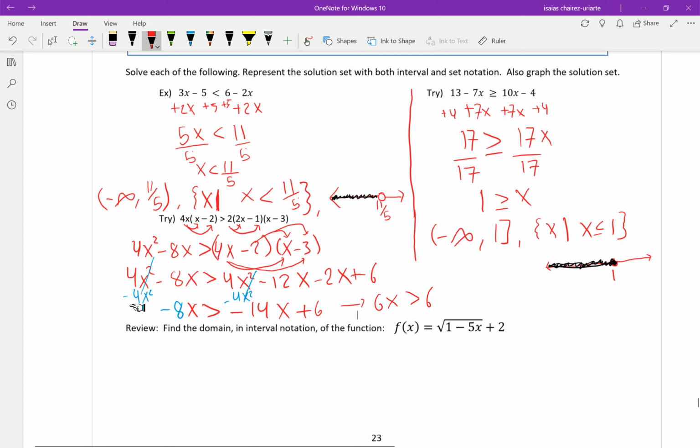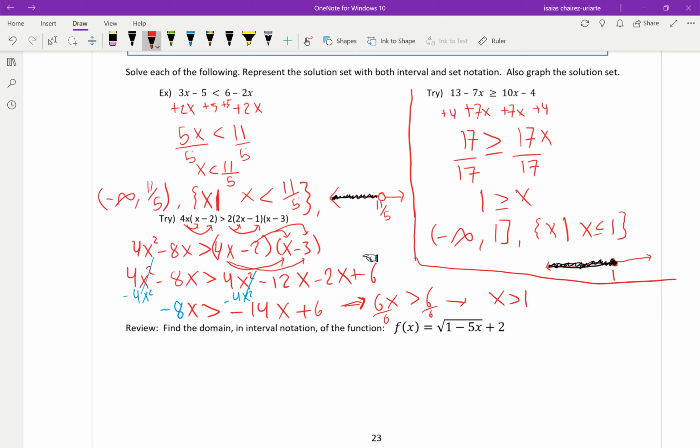Just for a second, think about what just happened there: I added 14x to the right hand side, so the negative 14 and the positive 14 cancel, and then I added 14 to the left hand side, so 14 minus 8 is 6. I haven't divided or multiplied by anything negative yet, so that's okay. And the last thing to do is divide by 6, and I end up with x is bigger than 1.